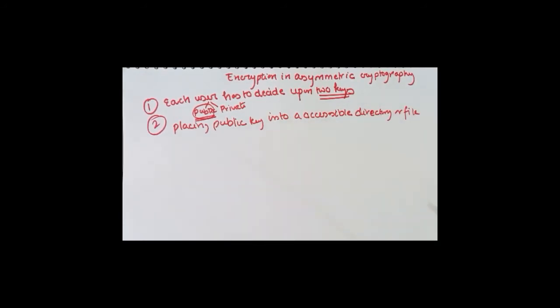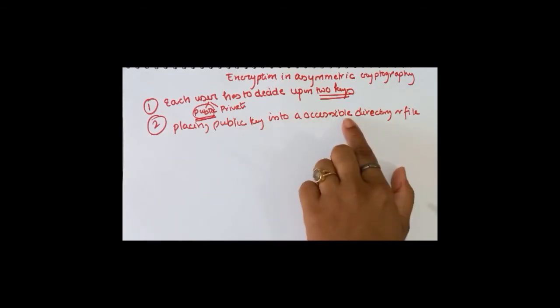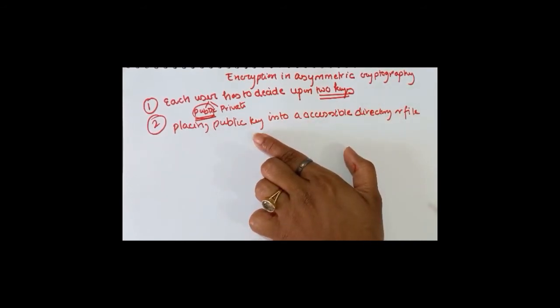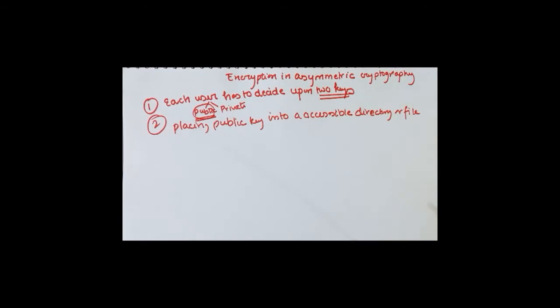So this is the second step. Always remember, whatever key I've kept in the accessible directory or file is the public key, not the private one.